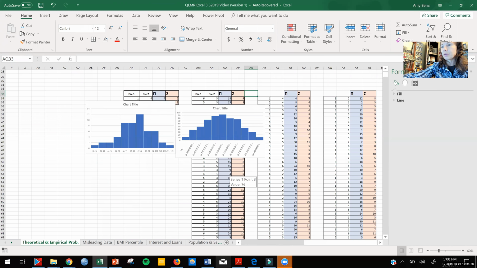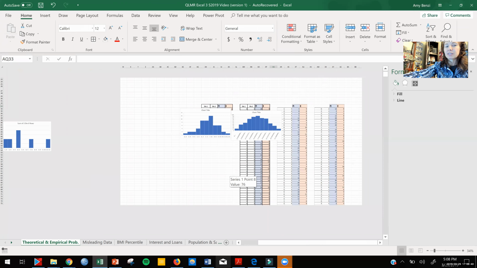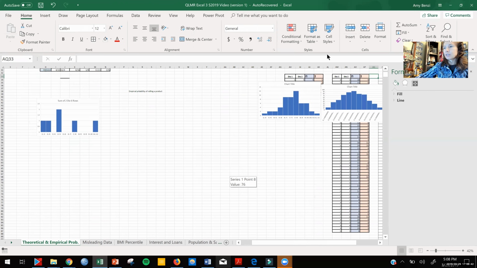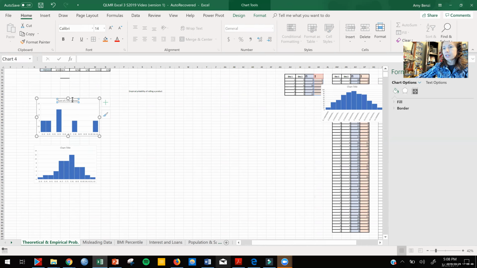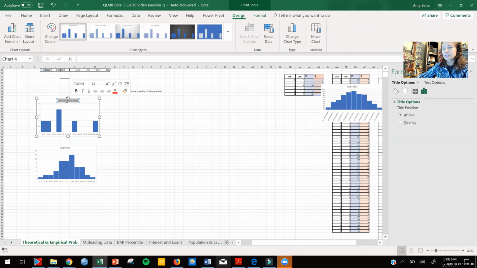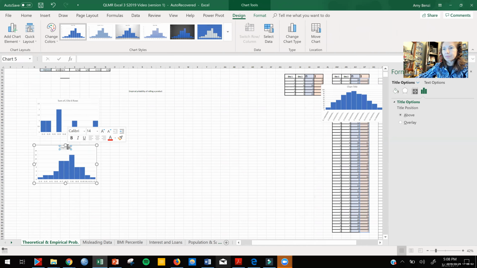I'm going to make this real small, and I'm just going to move these guys over. And of course, you are going to rename these charts accordingly. Like this one is going to be named sum of 2 die, and here we had 60 rows.